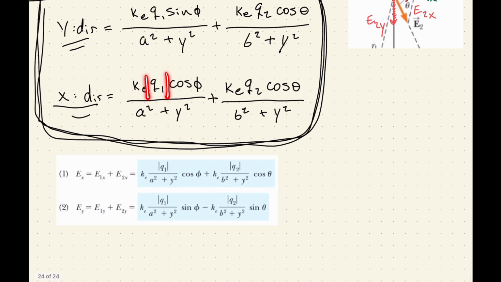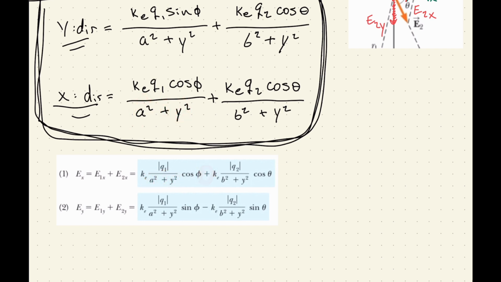Maybe magnitude bars should have been put here so we avoid the minus sign. It doesn't matter too much. We have KE, KE. Q1, Q1. Cosine phi, cosine phi. On the bottom, we have a squared plus y squared, a squared plus y squared.